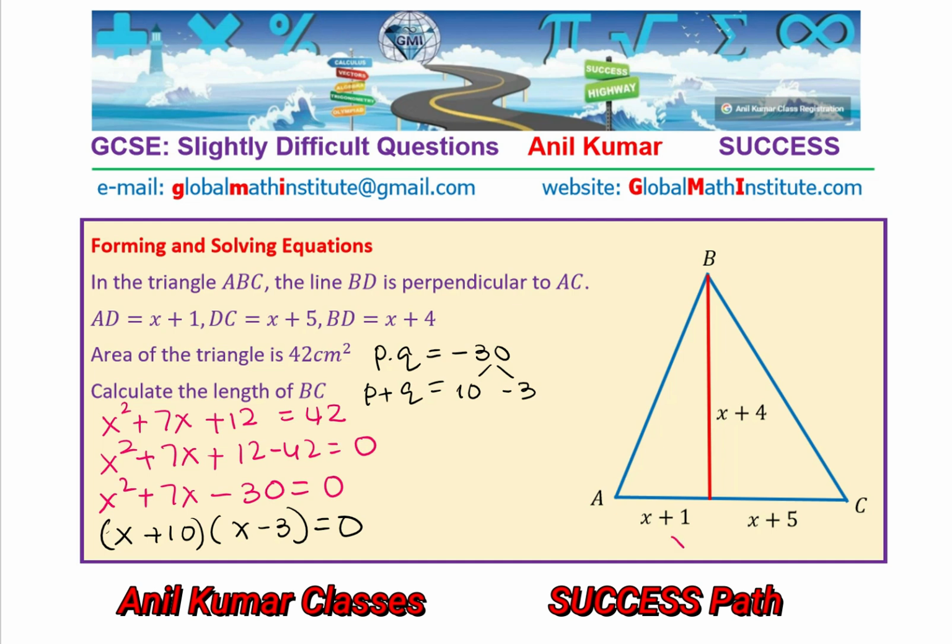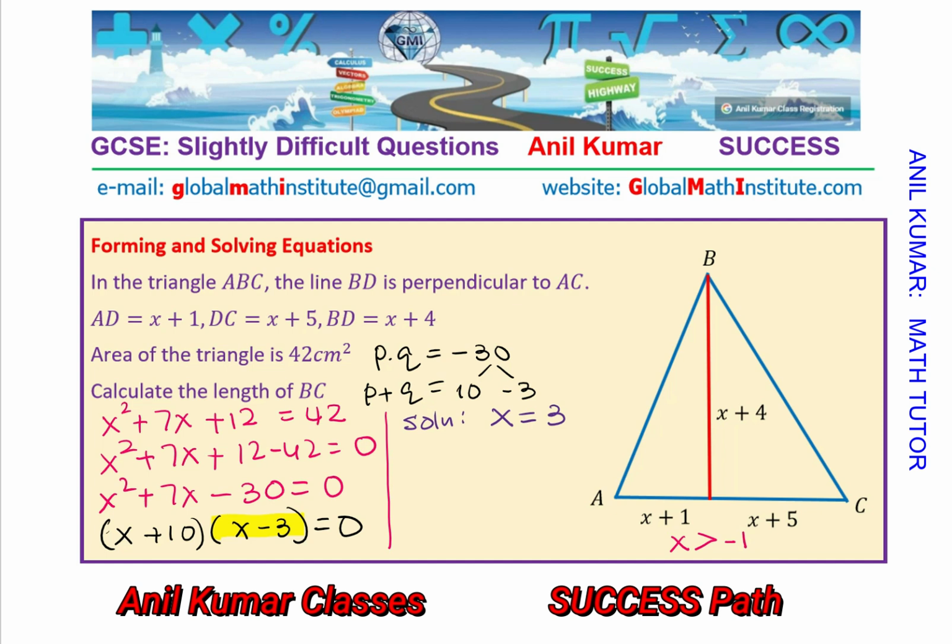Otherwise, we'll have a negative figure, which we cannot have, correct? Great. So the only solution here is x equals 3. Make sense? Only thing possible is 0 of this factor, x minus 3 equals 0.